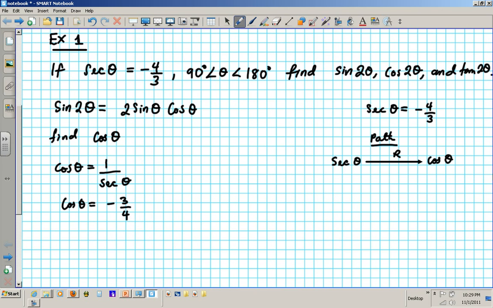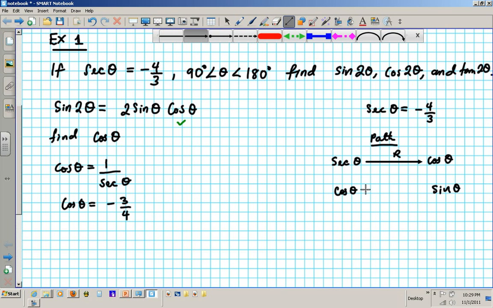Now we have cosine, we have this component determined, but we also need this part right here. So what on earth is sine theta? Can we find sine from cosine is the question. Is there a way to go from cosine that we already know to sine? Is there a direct connection or indirect connection? It turns out that we have a direct connection. If you look at your Pythagorean identities, you can go from cosine directly to sine.